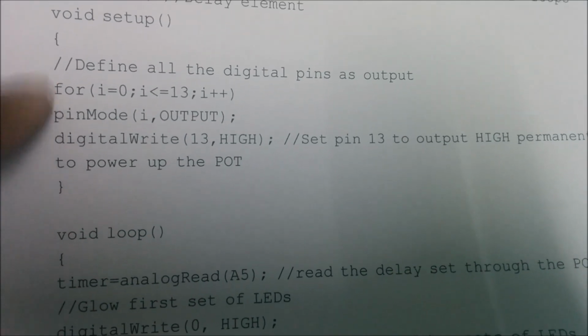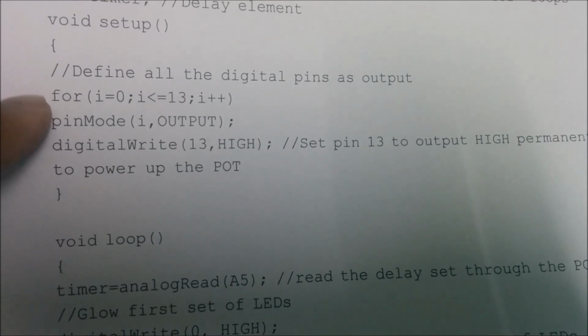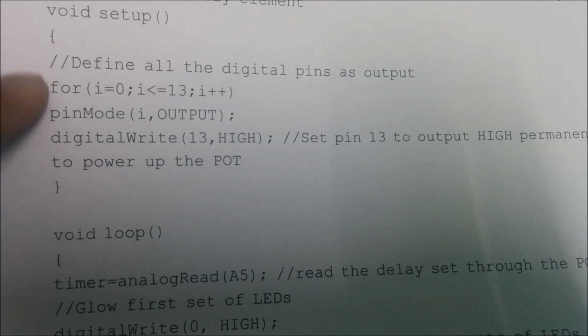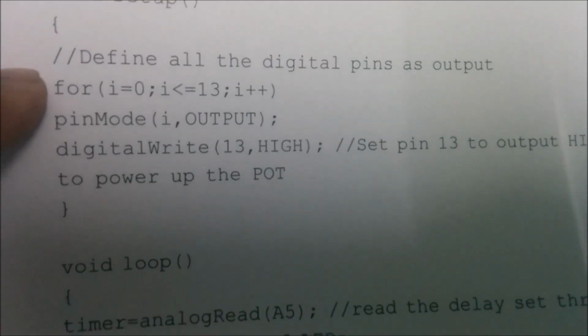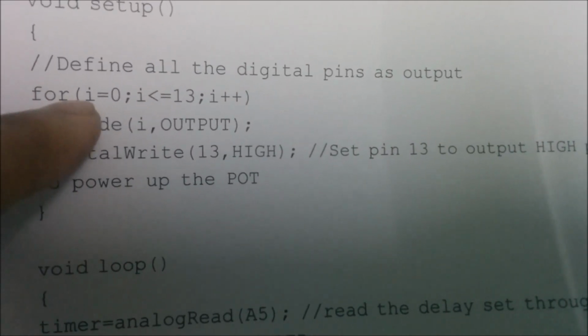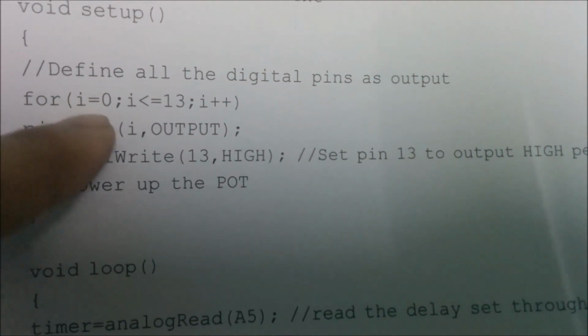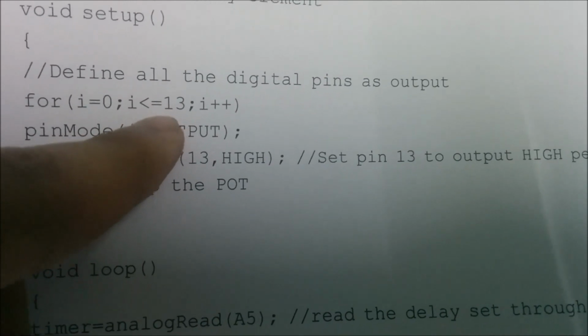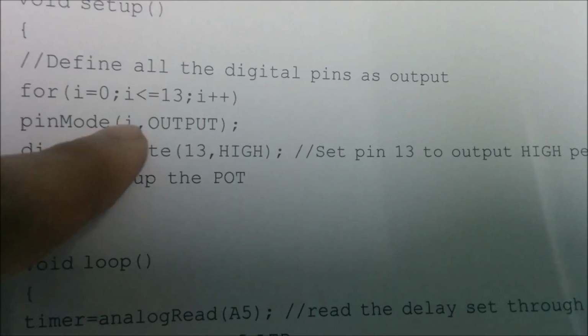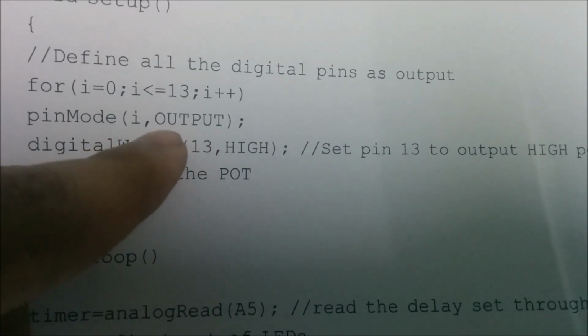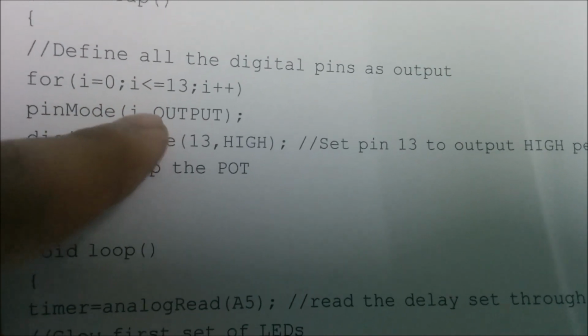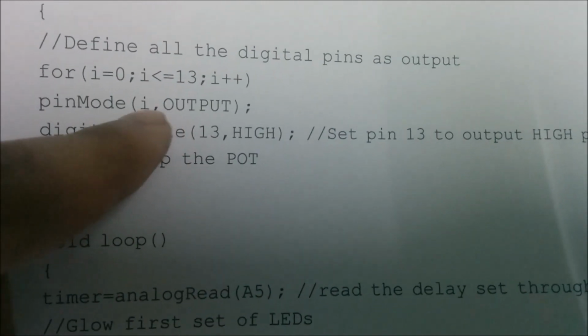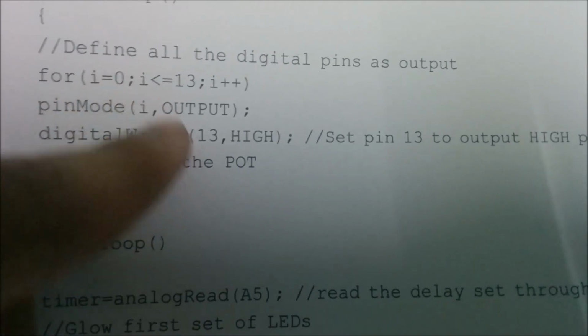This actually reduces the number of lines required in the code. As you can see, for i equal to 0 to i less than or equal to 13, I have defined pinMode(i, OUTPUT) so that only these two lines would be sufficient in defining each of the digital pins as output.